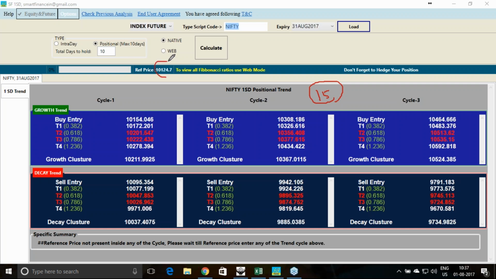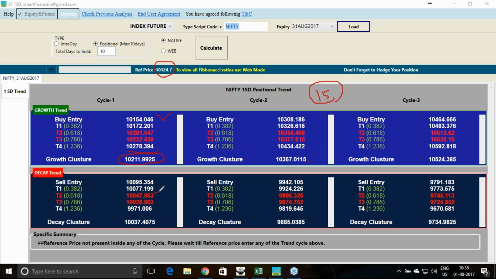we have taken a reference of 10,125. It is telling 10,155 above. If it moves, then it has all the probability to touch 10,278. Beyond that, if it is crossing 10,212, it can go for higher targets.